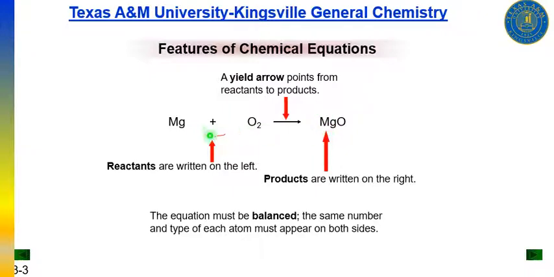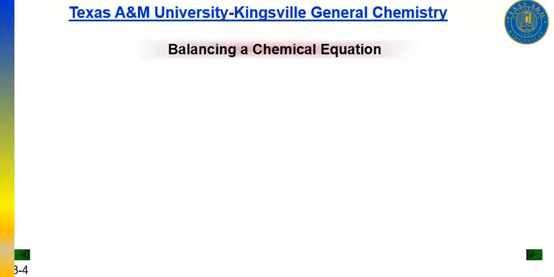In this particular reaction, for magnesium you have 1 mole, and for oxygen atoms you have 2 of them. In your product, you have 1 oxygen. So in this case, the reaction is not balanced. Therefore, we need to balance your chemical reaction.